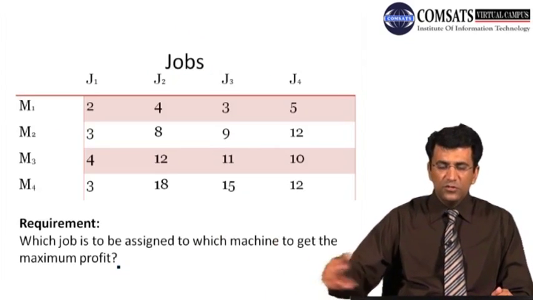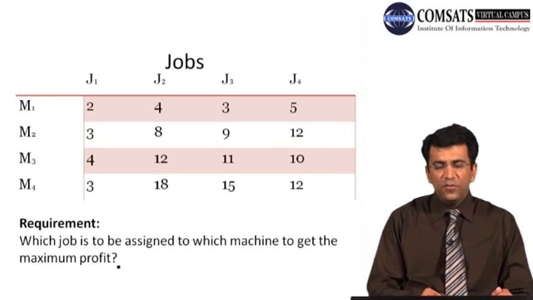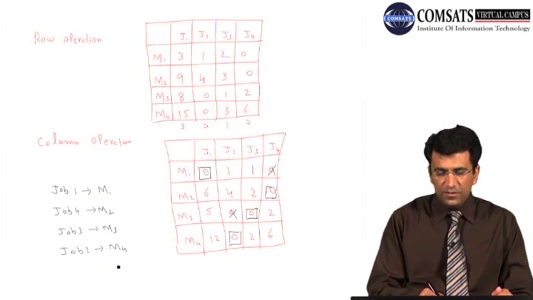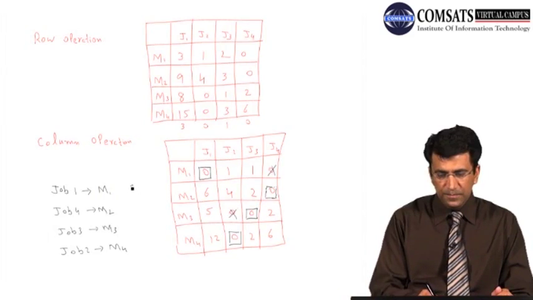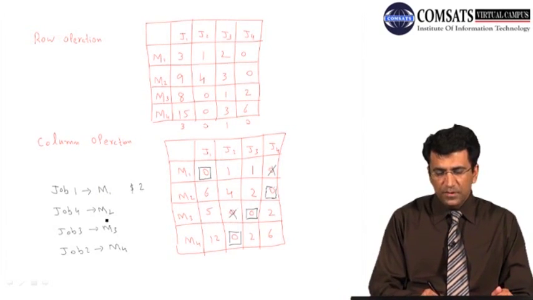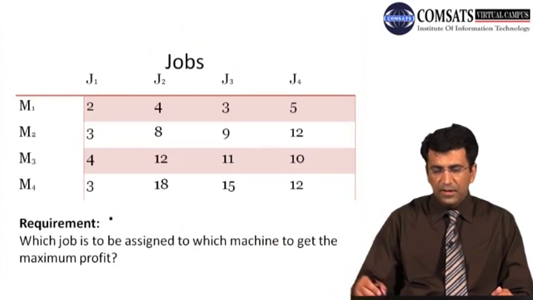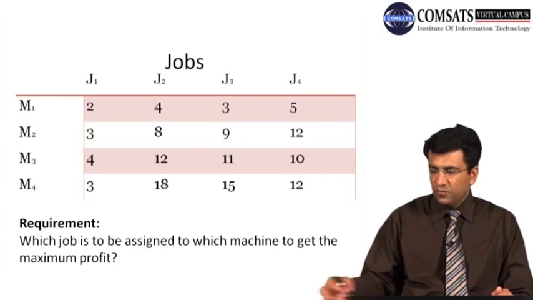If you refer to the original table, you can see that the profit margin for assigning job 1 to machine 1 is 2. So this will be $2 here for this particular assignment. Then job 4 to M2, that will have the profit margin of $12.